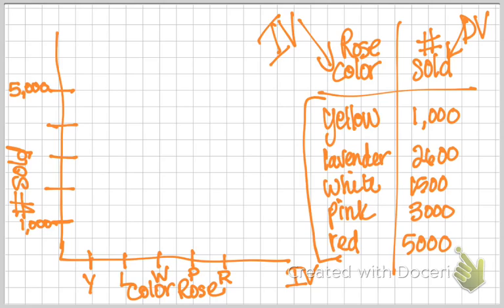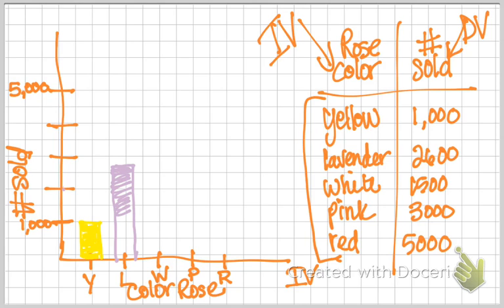Now, another cute thing that you can do when you have a situation like this is you can use color on a graph like this. And so your yellow, and notice I'm making it across the line here, right? Yellow is 1,000. Lavender, pretty lavender color. So there's 1,000, 2,000. So I want to go to 2,600. I want to go up here a little bit higher.